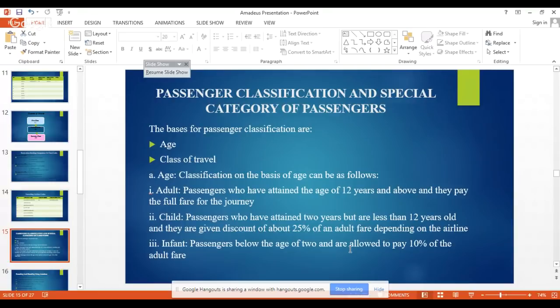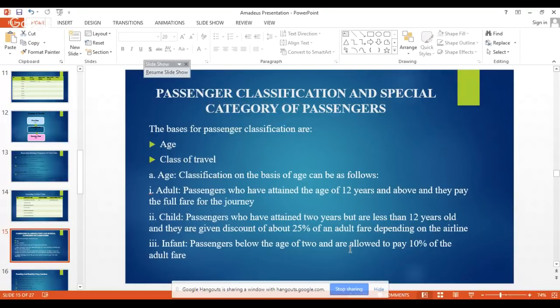Let's say Lagos, Doha, London, Lagos. Let's say the fare is 250,000 naira. If your client or the passenger is 12 years and above, he or she has to pay 250,000 naira, the full fare for the journey.